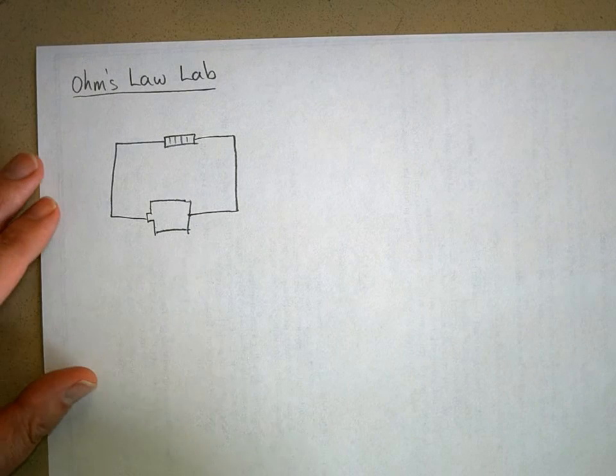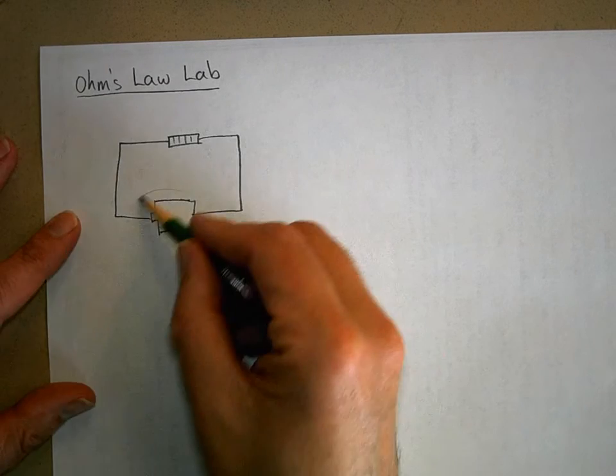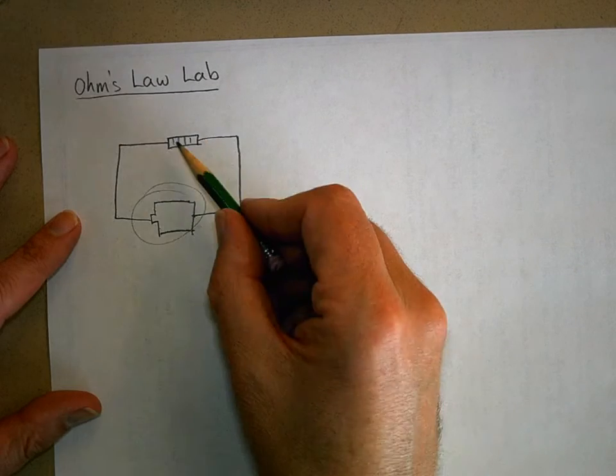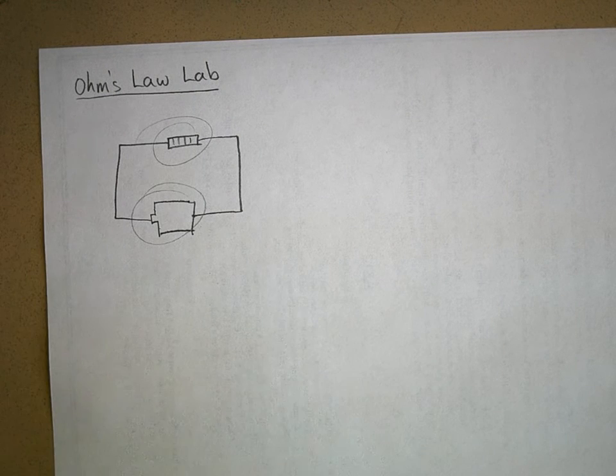Okay, now this is kind of awkward to draw. So we're not going to draw batteries like that, and we're not going to draw resistors like this. We have symbols that we use in electrical diagrams that allow us to take shortcuts, and it just makes it easier to draw.